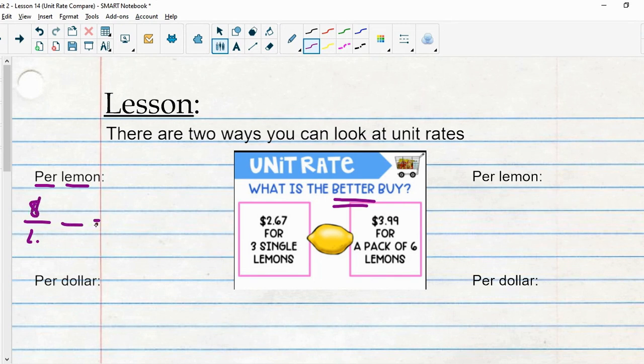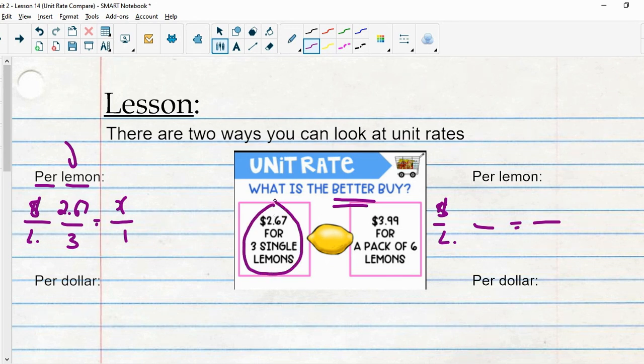Dollars, which is what we did yesterday. So for dollars per lemon, it's $2.67 over 3 lemons. How much for 1 lemon? And on the other side, it's $3.99 for 6 lemons. How much for 1 lemon?